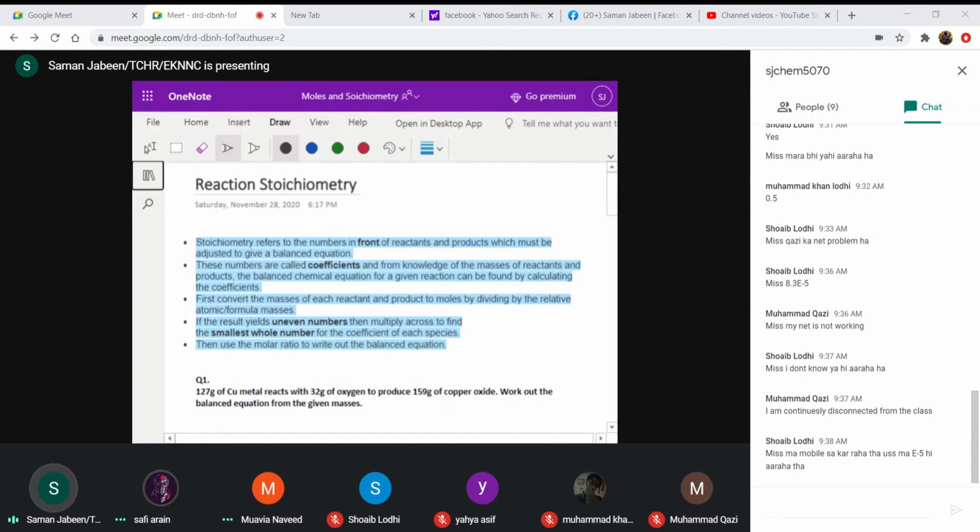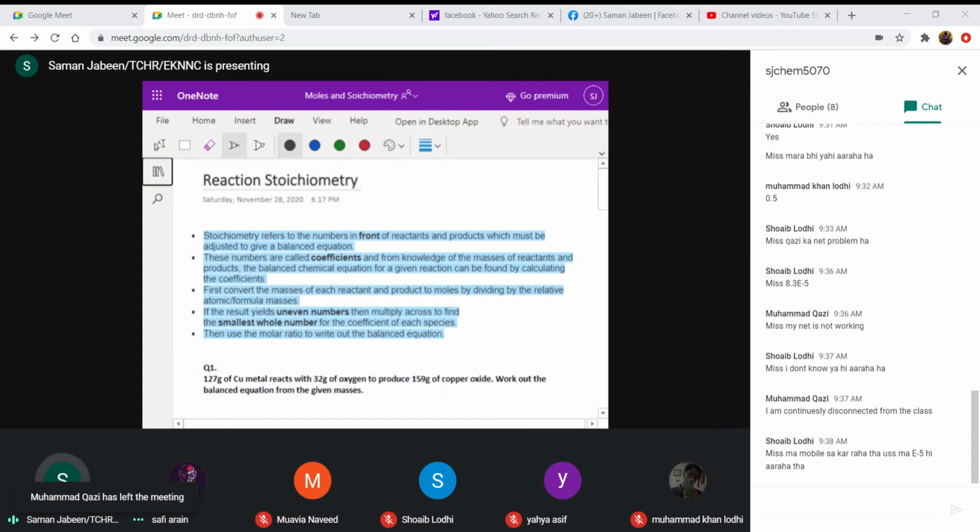Okay, I'm doing it again. That is why I am doing everything again, so that if you missed anything, you can catch up. This is a very important topic, and every question of paper 2 has one part of mole. 3 to 4 MCQs come from moles, and paper 4 carries almost 25 marks of moles.